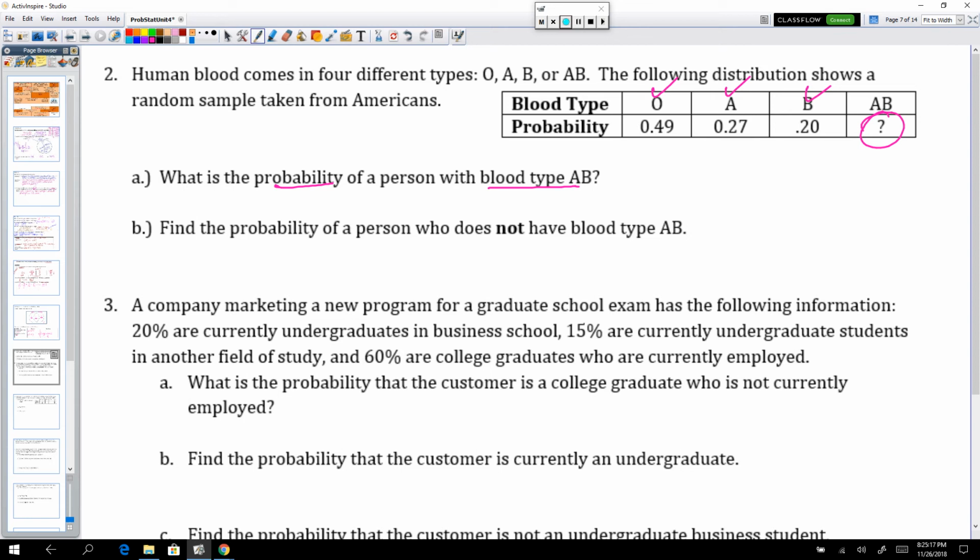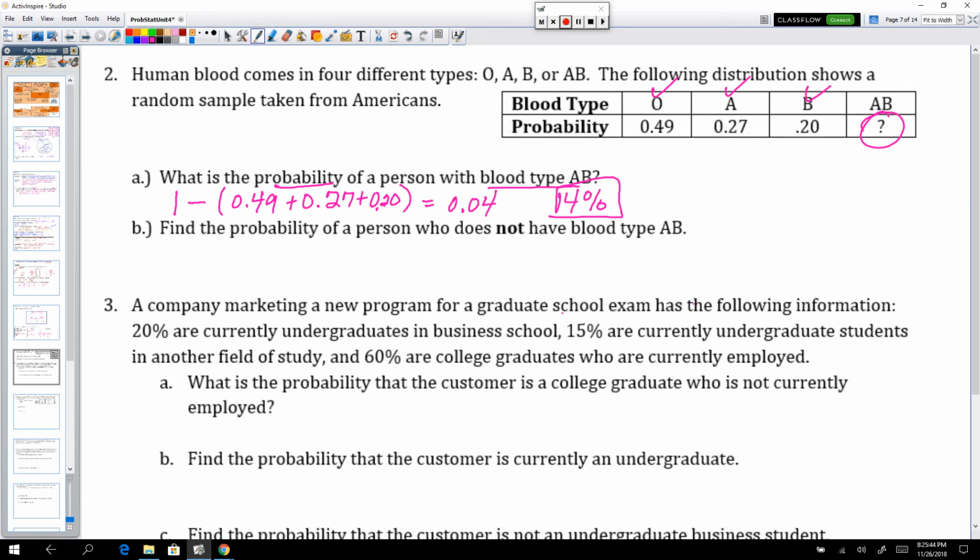And so I simply need to take 1 minus the type O probability, the A probability, and the B probability. And I believe that comes to 0.04.